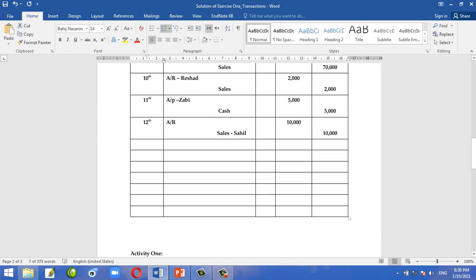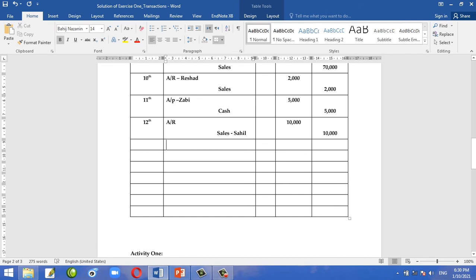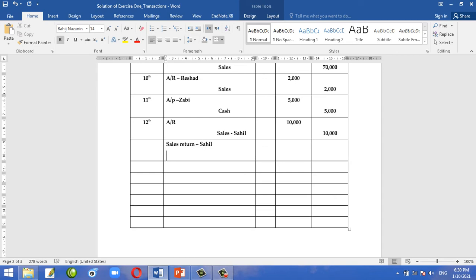So we can record this transaction here as on credit. Pay attention. If it was on cash, we could record it as cash against sales to Sahel. But here we record sales return from Sahel against accounts receivable, because he was responsible to pay the money after a specific period of time.